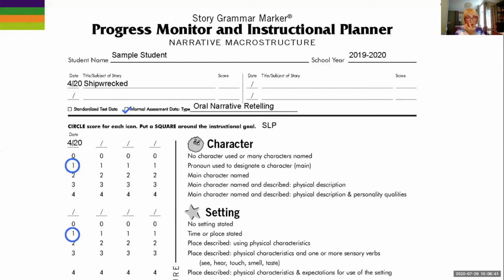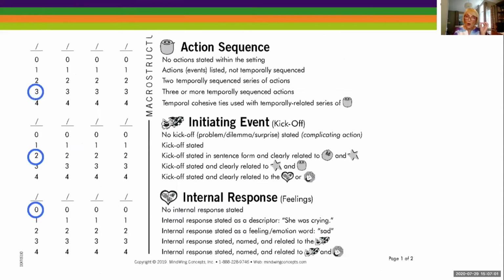So here we have, he had a pronoun to use to name the character. We would want him to start using character names. Because he's in 8th grade, what would we want him to be doing? Maybe physically describing the character and personality traits. So he has a long way to go.